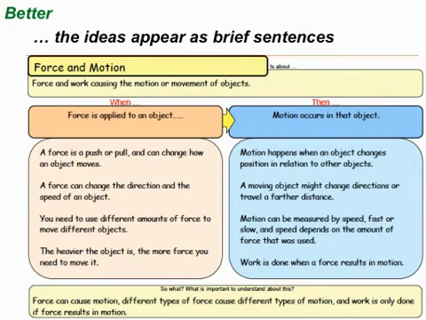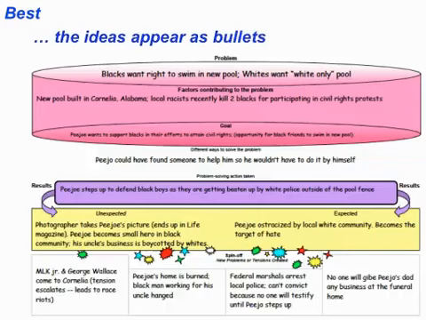Here the information is appearing as brief sentences with space between the sentences to sort of separate them out. This is an example, one from language arts, that's the best in the sense that it's depicting the information as bullets. For an example, this is from a book called Crazy in Alabama.